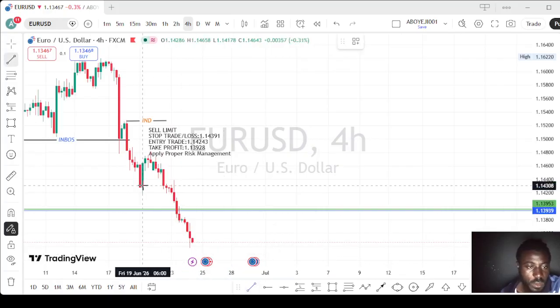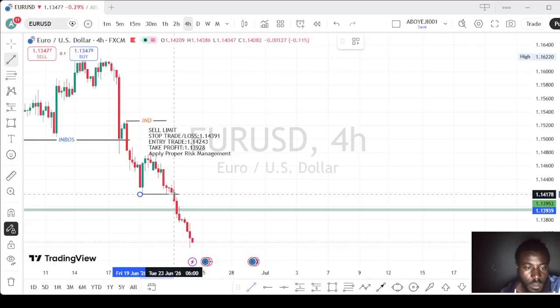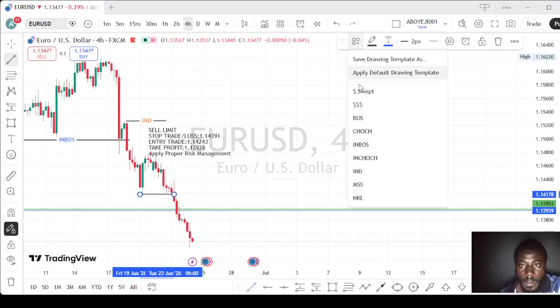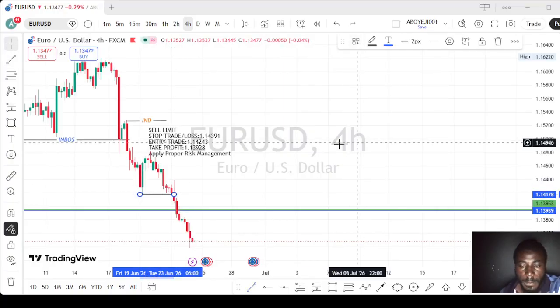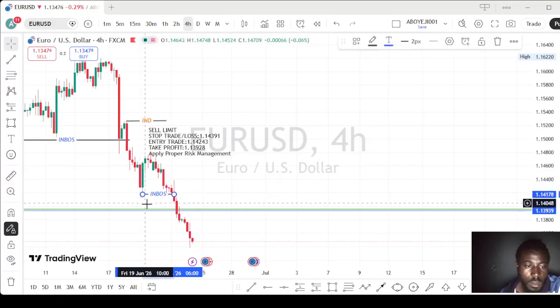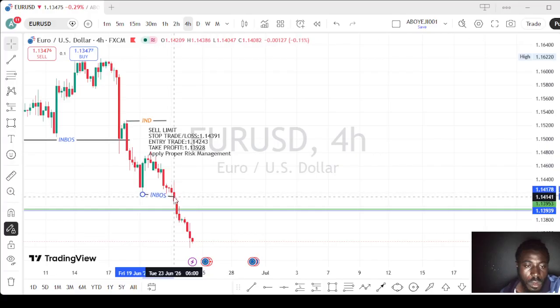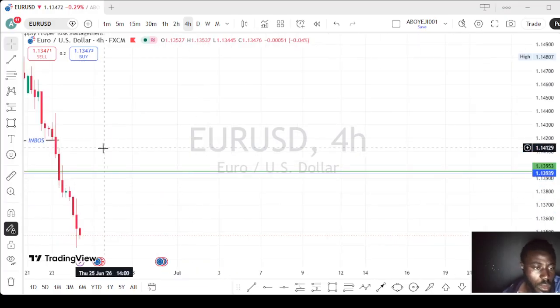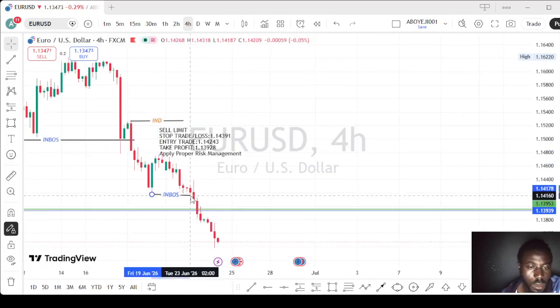This is the last break of short term structure for our time frame.